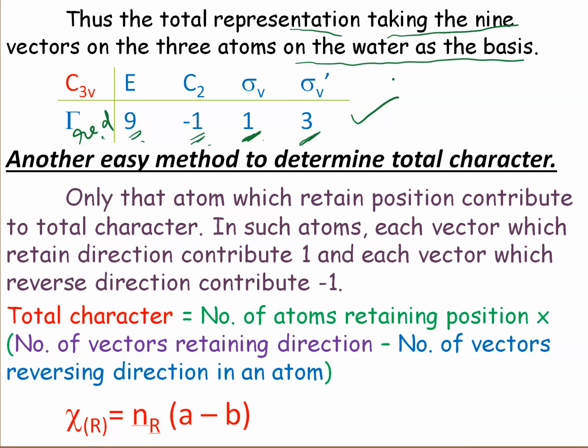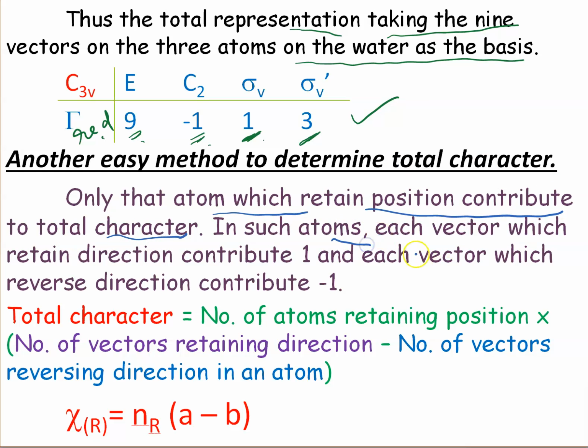In these examples we can see that only the atoms which retain their position contribute to the character. Okay, only that atom which retains position contributes to the total character.